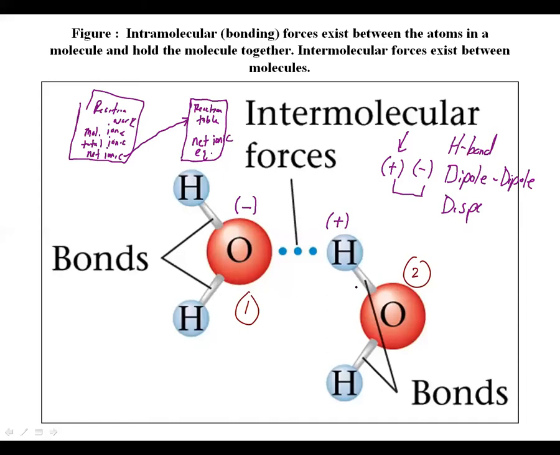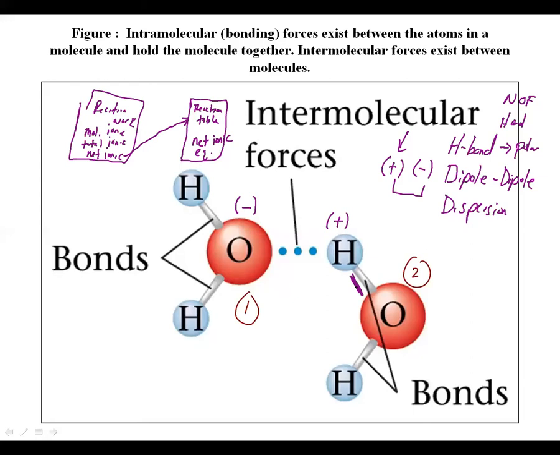And hydrogen bonding is usually the one for polar molecules that have a bond between hydrogen and nitrogen, oxygen, or fluorine. So like what we have here, we have hydrogen that is bonded to an oxygen. And what that does is it typically will create a separation of charge and create a positive side, negative side to that bond.